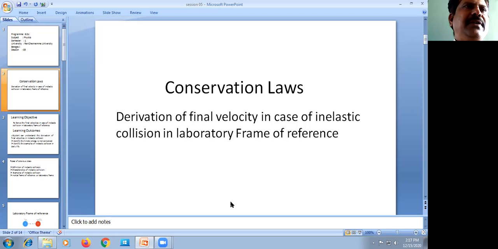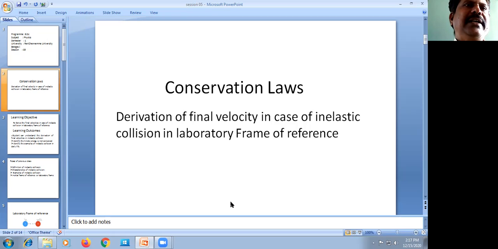So when two bodies collide with each other in an inelastic collision, some part of the initial energy is lost in the form of heat or sound. So the final kinetic energy is not equal to the initial kinetic energy of those two bodies. That's why the kinetic energy is not conserved in case of inelastic collisions.